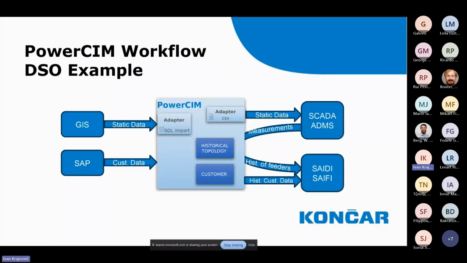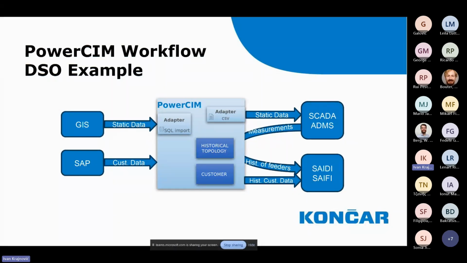This is a workflow that we proposed for a Saidi-Saifi calculation app for our DSO. It uses GIS for the network data. It uses SAP for customer data in relation to the feeders. It pulls out network topology data, switch data from the SCADA and historical switch data from the SCADA, and it merges all of it over a year or whatever and does the Saidi-Saifi calculations.